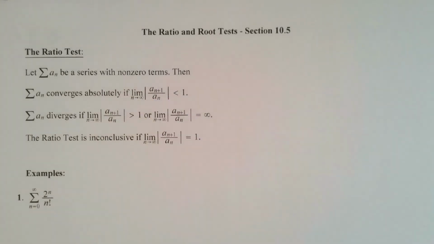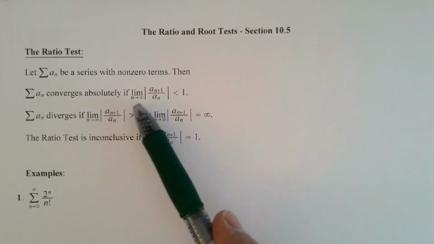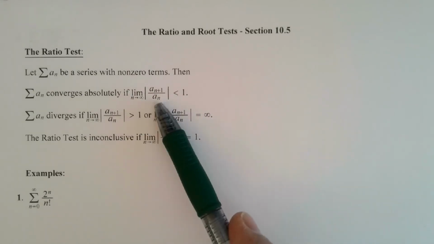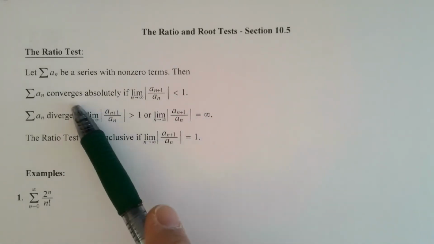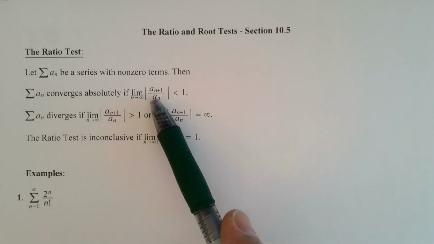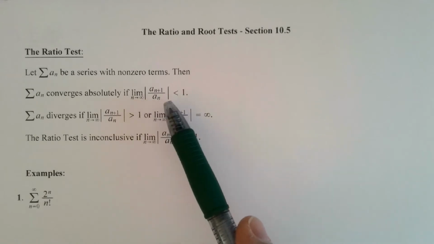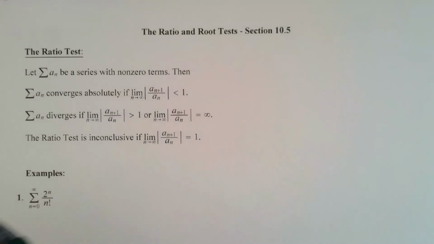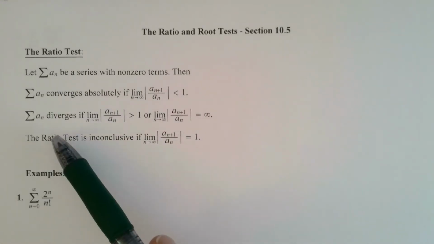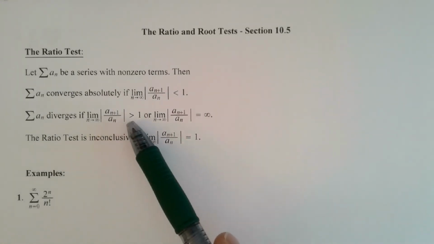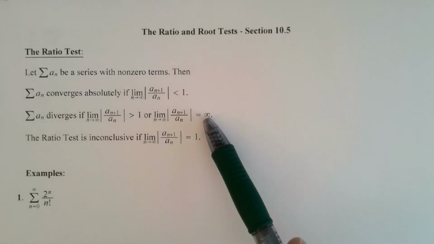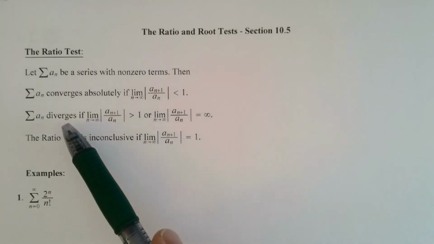Take the limit, and notice the absolute value bars, which has something to do with why this tells us about absolute convergence. If the limit of that ratio is a real number less than 1, then the series converges absolutely. If that limit is a real number greater than 1 or is approaching infinity, then the series diverges.